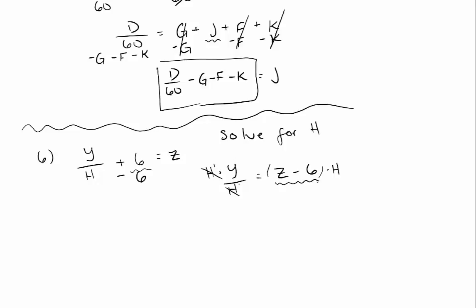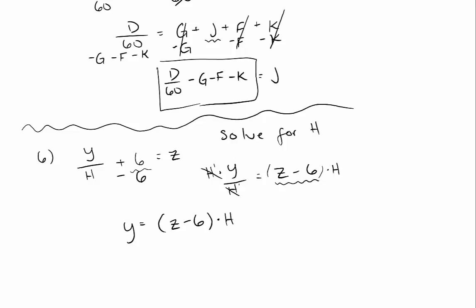When you multiply one side by something, you have to multiply the whole side by that. And so I'm going to rewrite my equation now. I have y equals, and I still have this in parentheses, z minus 6 times h.